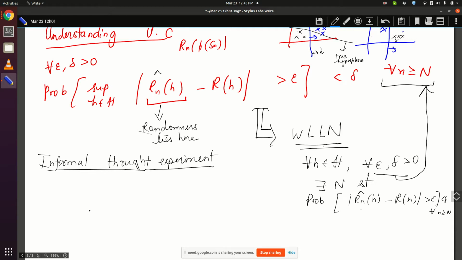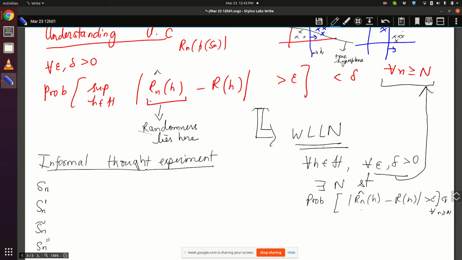Let's suppose that you have all the samples. So it's a function of the samples. Given one sample, this may or may not be true, right? So I can have, let's say, Sn. Sn is one sample. I can think of another one, Sn prime, Sn tilde, and Sn double prime. So these are all the different samples.